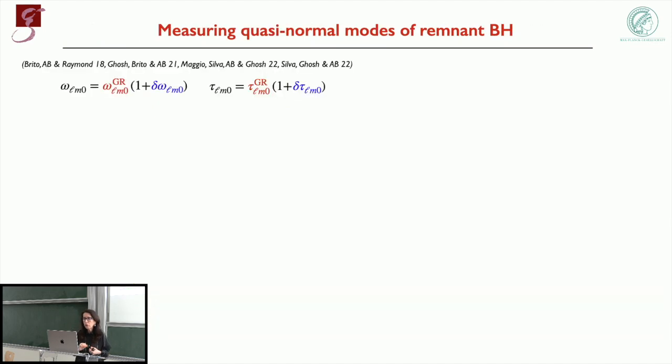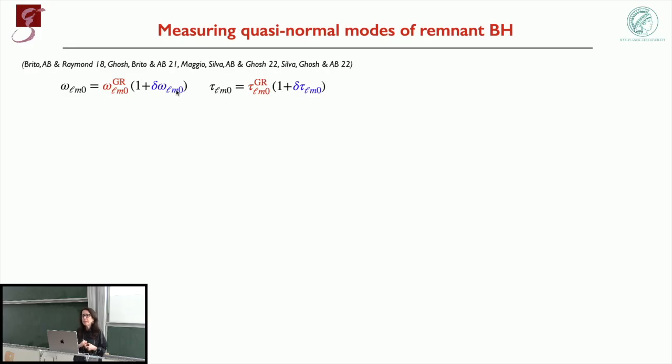One of the flagship tests of general relativity of the ringdown done by the collaboration was developed in our group, where basically you assume that the quasi-normal mode frequency and the decay time, the real and imaginary part of the quasi-normal mode, are the ones of GR, but then you add a small deviation.